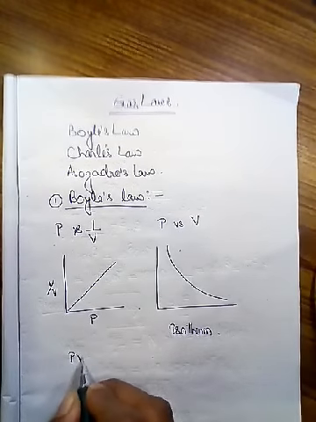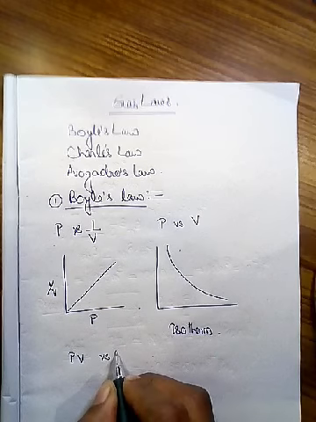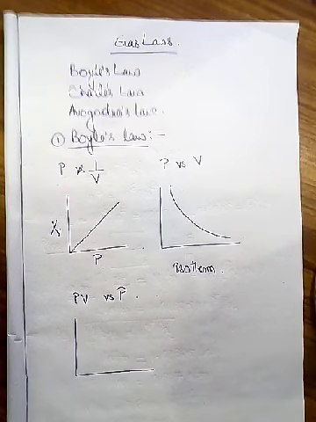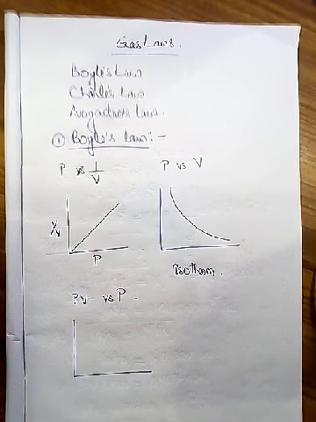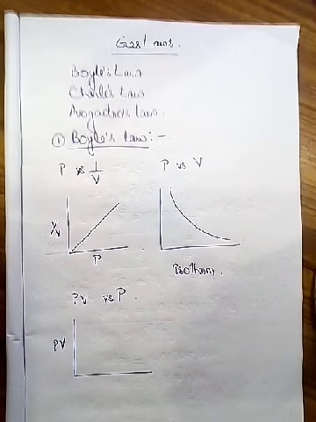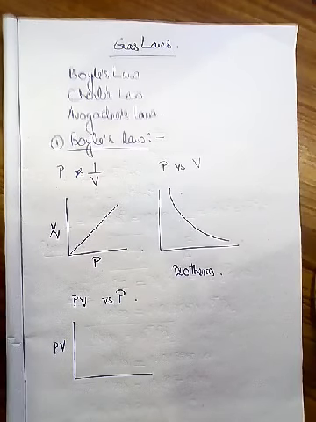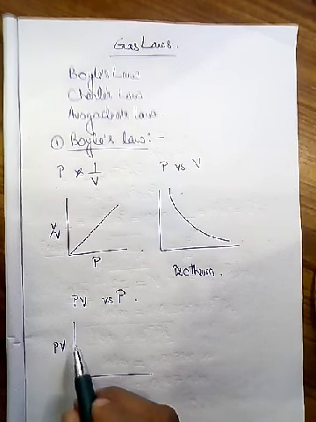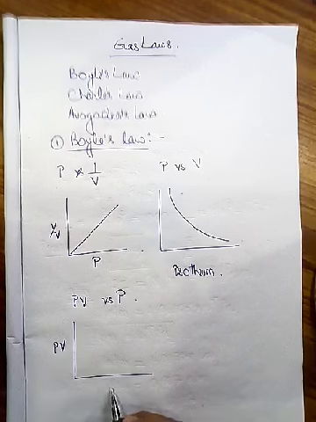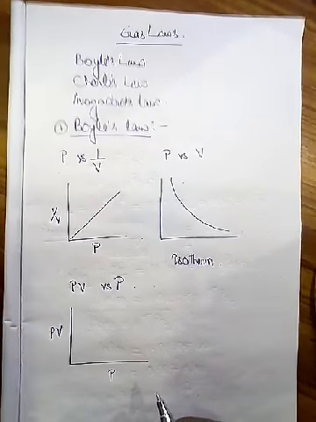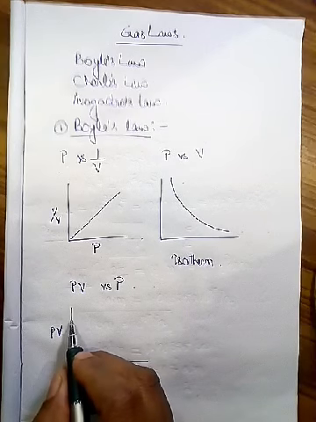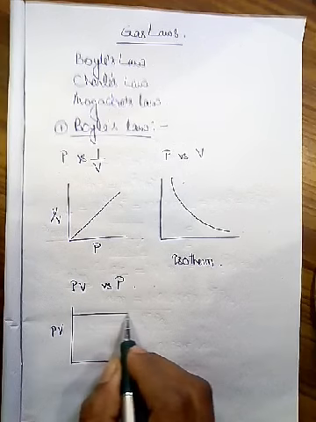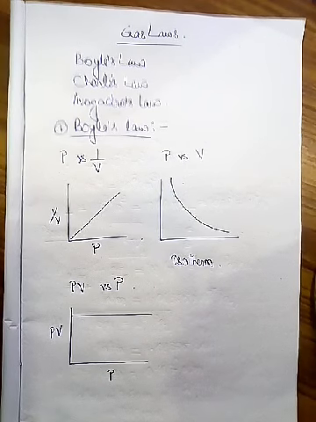Now the third graph, PV versus P, is a straight line parallel to any of the axes, depending upon which axis you have taken PV. So suppose PV is taken along y-axis and P is taken along x-axis. The plot will come as a parallel line to the x-axis.